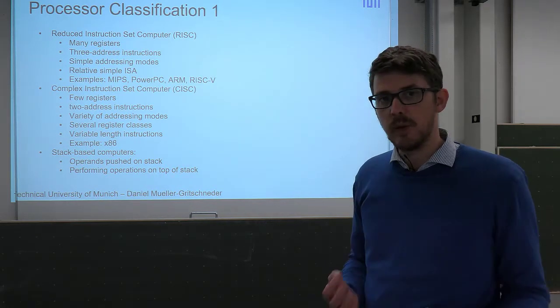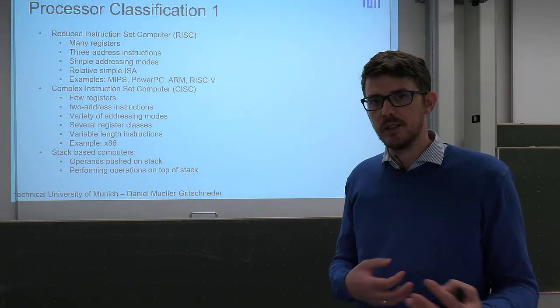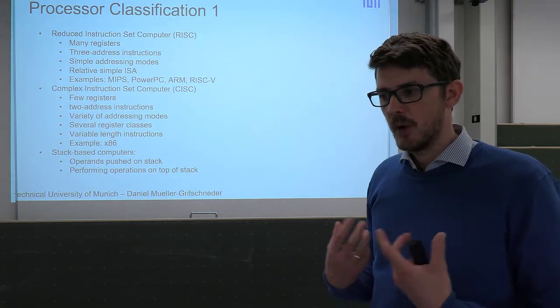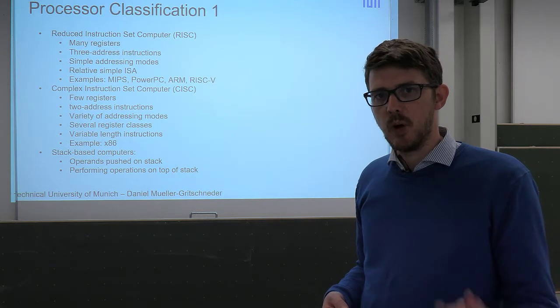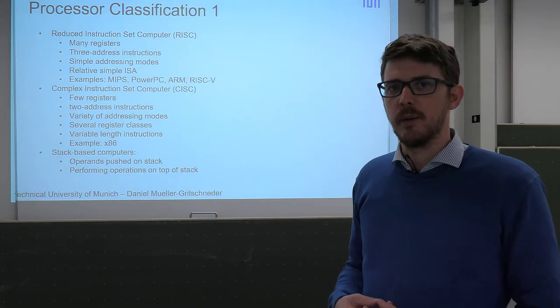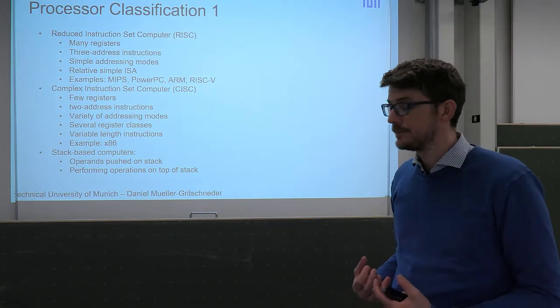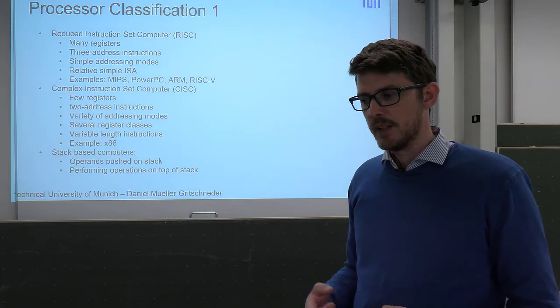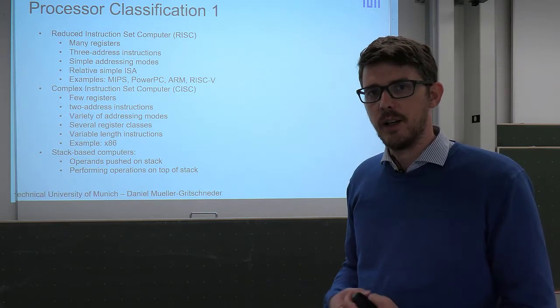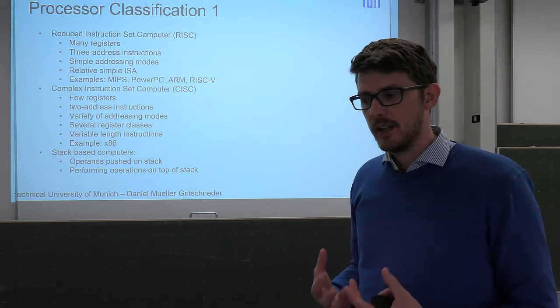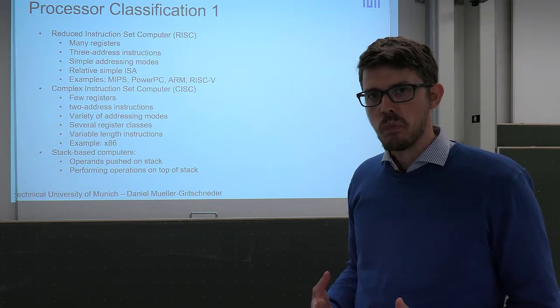They usually have very simple instructions, so-called 3 address instructions, which have 2 operand registers, for example, and 1 destination register. So you have 3 addresses you are actually changing. They have so-called simple addressing modes, so there are only simple ways you can load and store from memory. And usually the ISA is thought to be very simple.